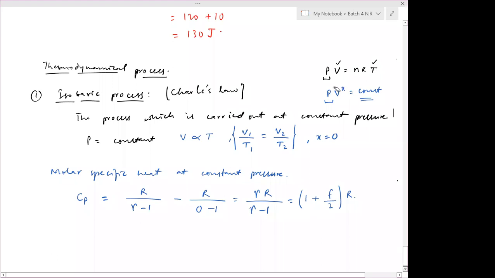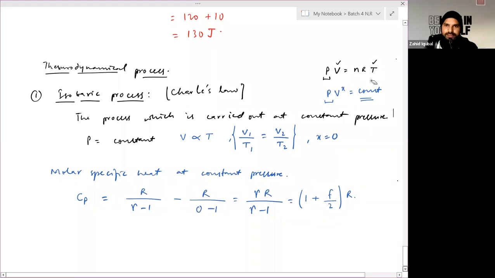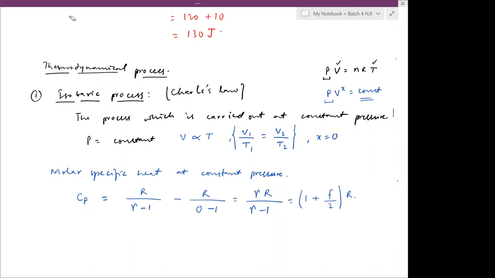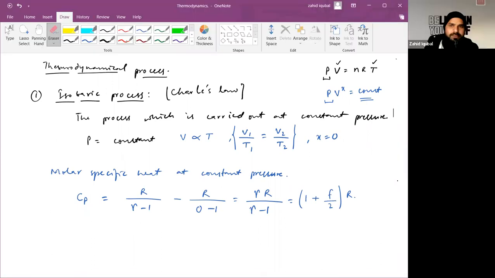Now move this temperature to the left side and pressure to the right side. So you will get V divided by T equals nR divided by P. On the right side, you will have some constant value.